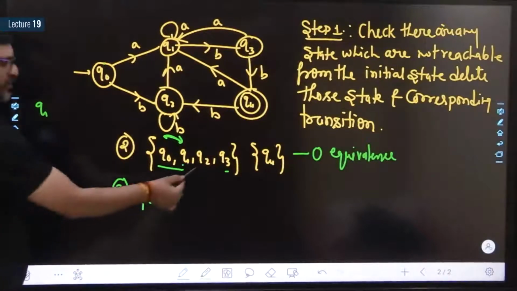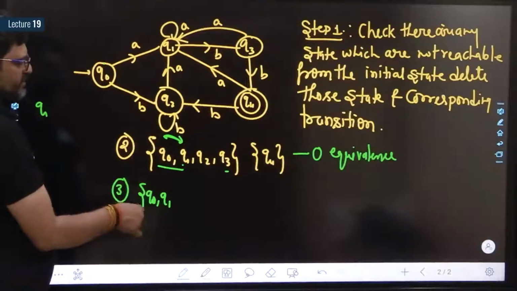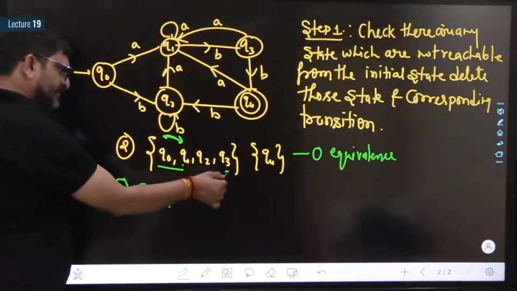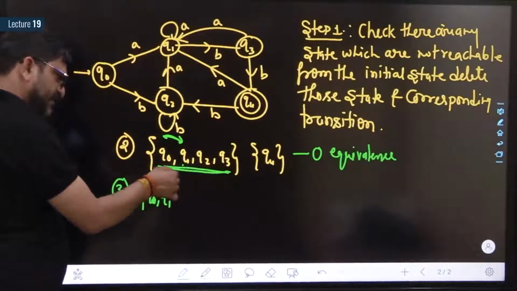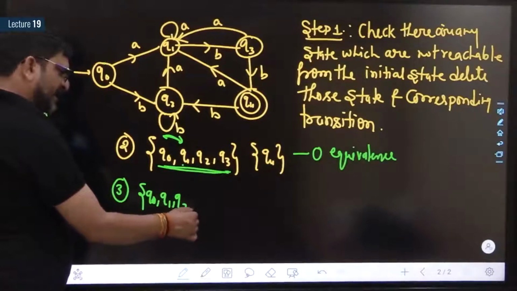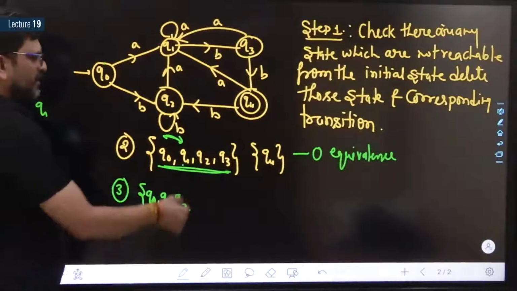Now check whether Q2 is 1 equivalent to Q0 or Q1. Q2 on A goes to the same set, Q2 on B goes to this set. It means these three are 1 equivalent. Now check whether Q3 is 1 equivalent or not.